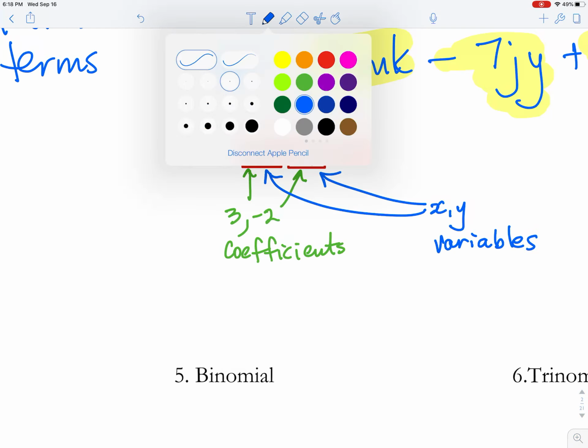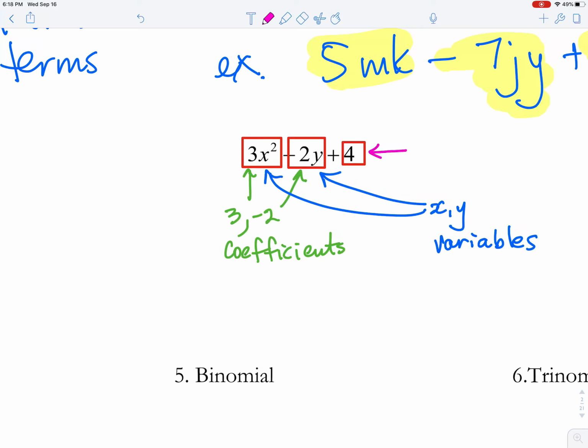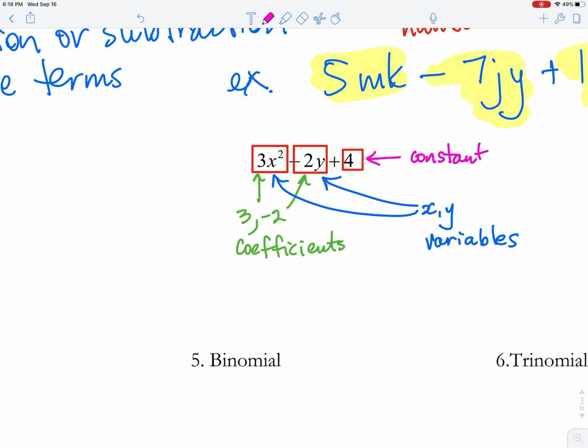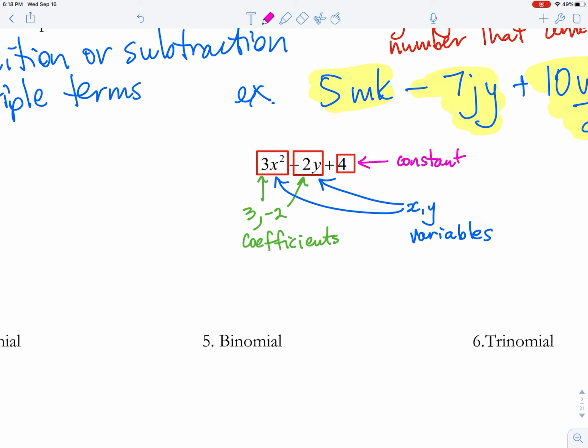And a number by itself, we didn't really talk about this yet, but that is a constant. So it never changes. The variables vary or change. The constant, it's the number by itself, because 4 is always 4.